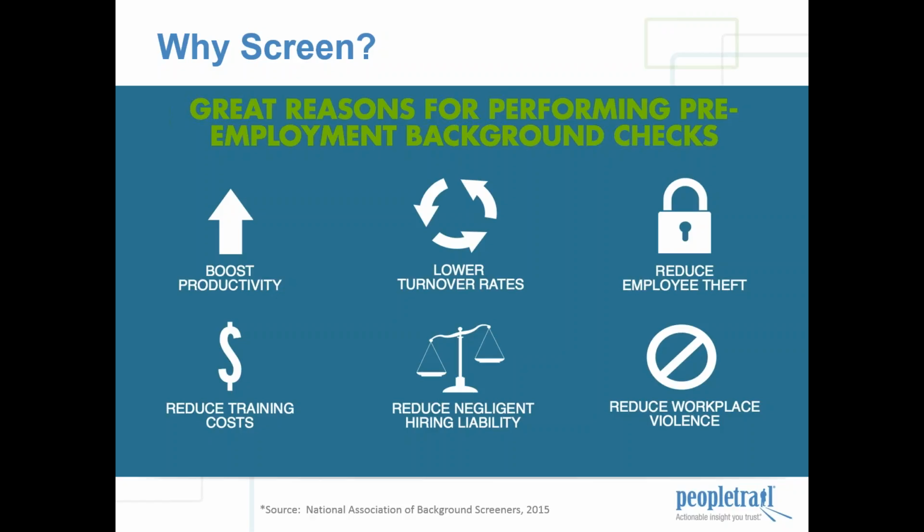The next one is reducing the negligent hiring liability, and that's a big one and something that we'll probably talk a little bit more about in the presentation, about how you can reduce that and some ways that you can really put some policies and procedures in place that will help. It's a very litigious culture right now.